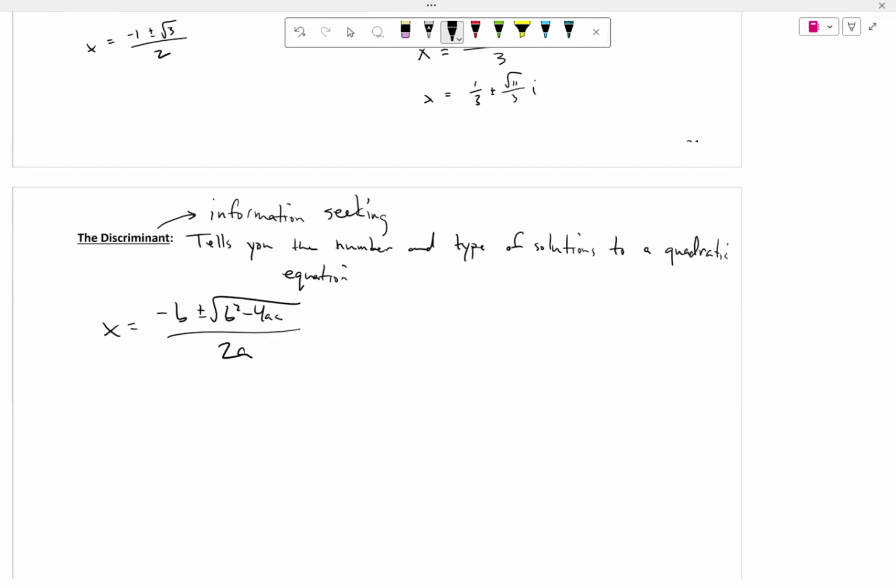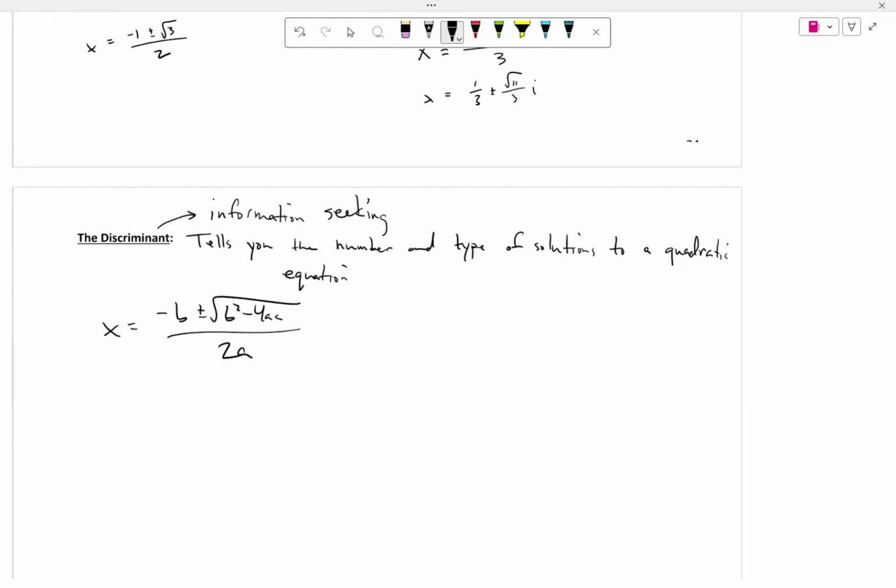That plus or minus means we'll very often have 2 solutions. Does that make sense? Almost always 2 solutions, except in the case where there's only 1 solution, where that whole square root is equal to 0. Plus 0 minus 0 doesn't give you 2 different numbers. So there's either 2 solutions or 1 solution.